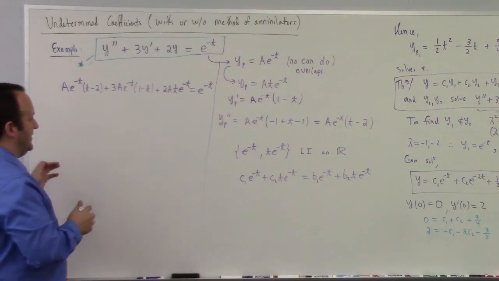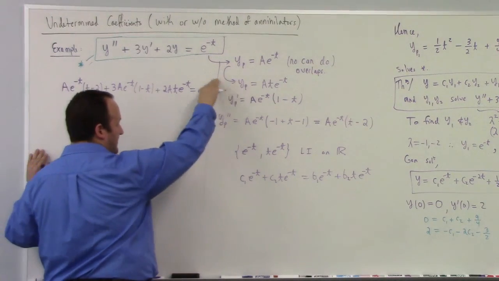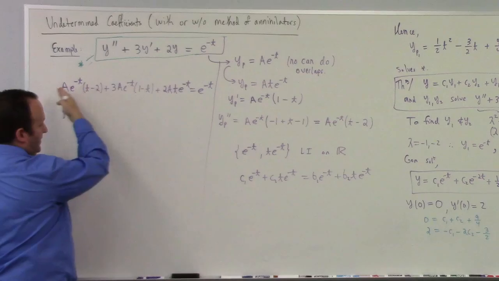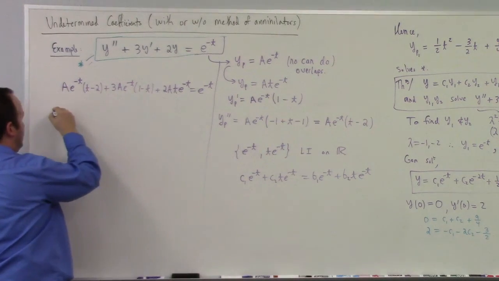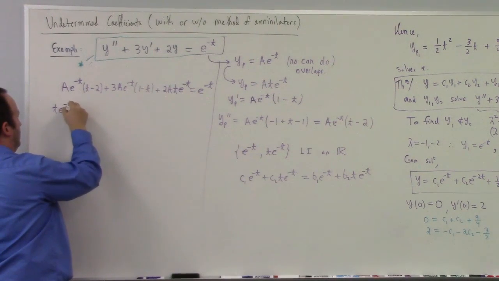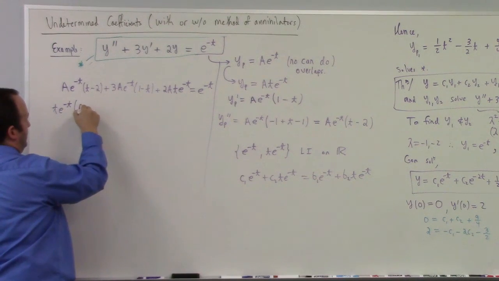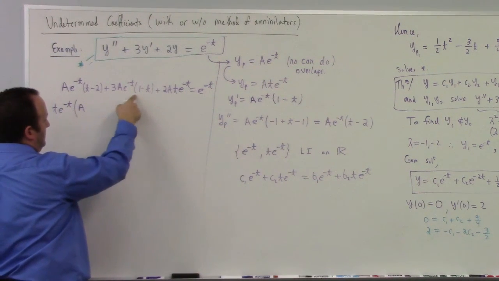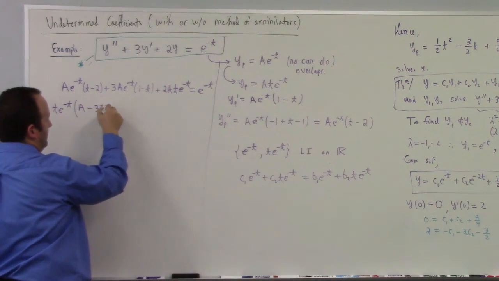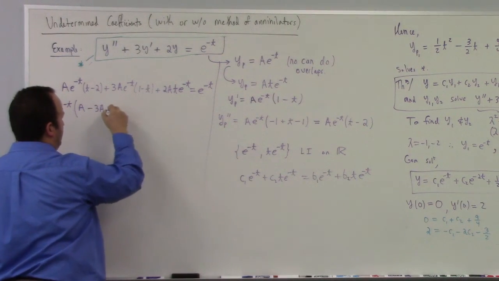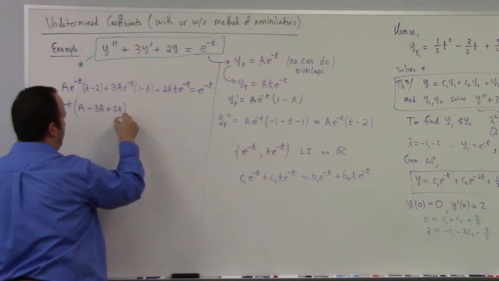So my point is, I've got no t e to the minus t over here. What happens to the t e to the minus t terms over here? A, right? Minus 3a plus 2a. Score.